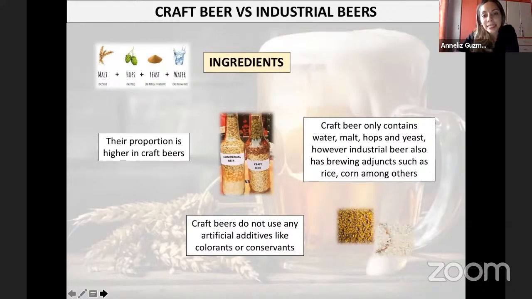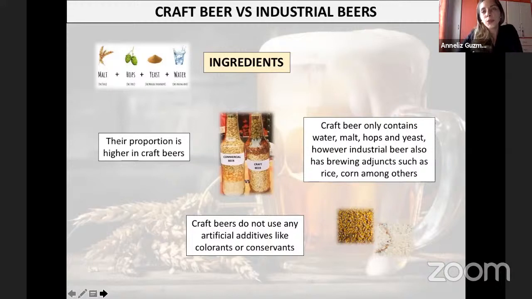Like we can see in the image, the commercial beer has fewer ingredients than a craft beer. For example, if we are brewing industrial beer, for example, a Huari or Paceña, we only need one type of malt, water, yeast, and hops.